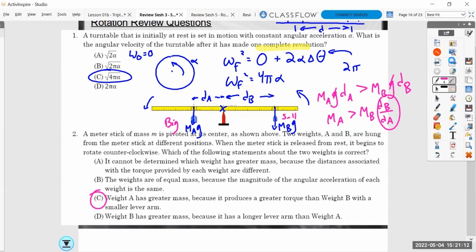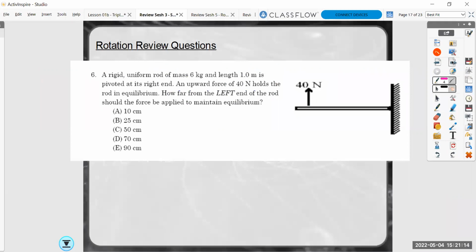All right. What else did I pull out? I pulled out some statics questions. So torque. In this case, we have a rigid uniform rod of mass 6 kilograms and length 1 meter. Note, if it's 6 kilograms, then we're going to end up with a force of gravity of 60 newtons here.